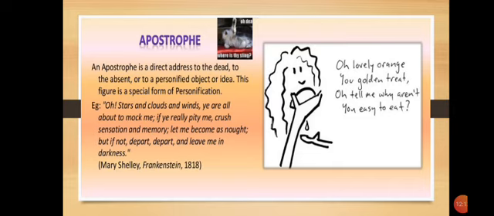Objects cannot hear whatever you are telling them. So the poet is addressing that person or object, but that is not there to listen to him. When we say twinkle twinkle little star, the little child is talking to the stars, but stars cannot listen to you, neither are they present near us, right? So that is a very good example of apostrophe.